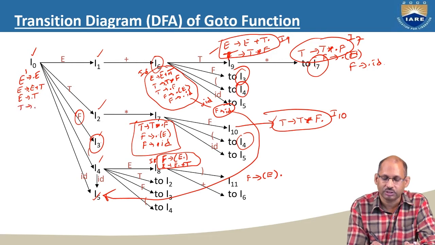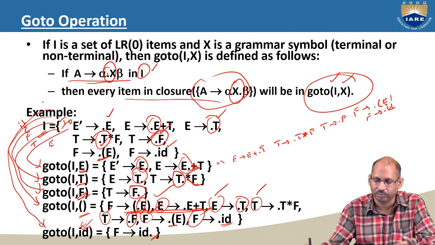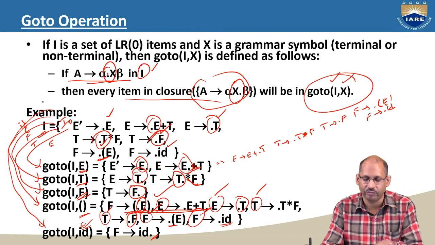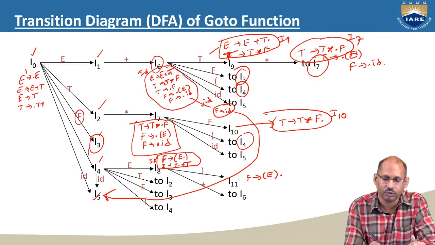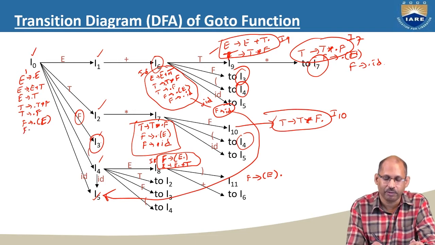T productions: T → .T * F, and T → .F. F productions: F → .(E), and F → .ID.